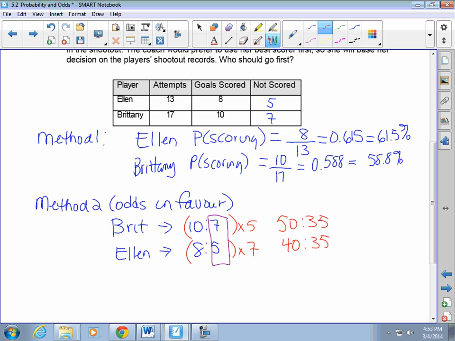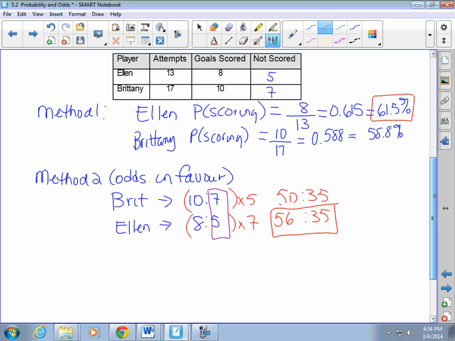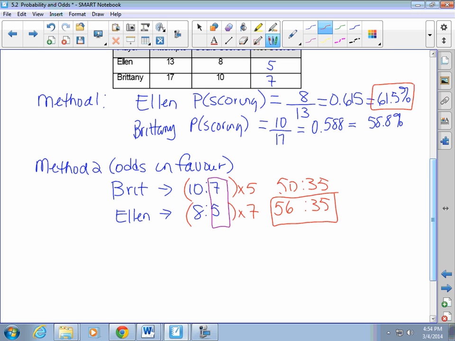Nope, sorry, 8 times 7 isn't 40. 8 times 7 is 56. So if you look at the 50 to 35 and the 56 to 35, this is a more favorable outcome, just as this percentage is more favorable. So this is probability.